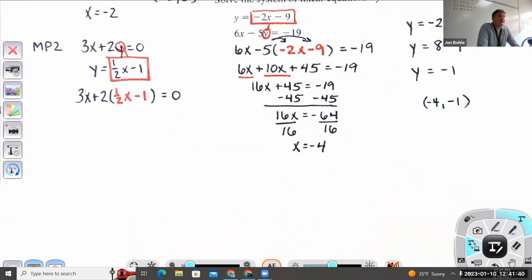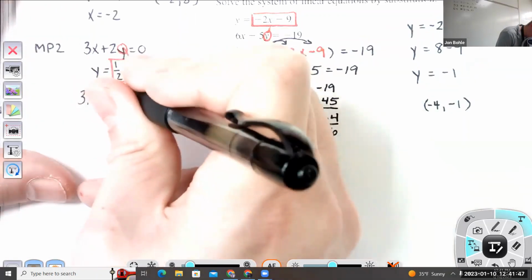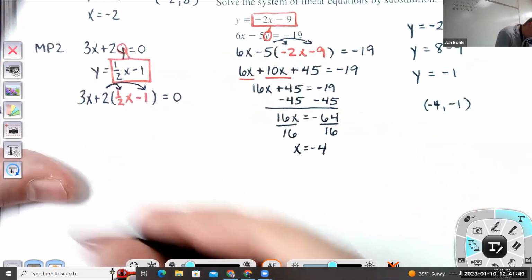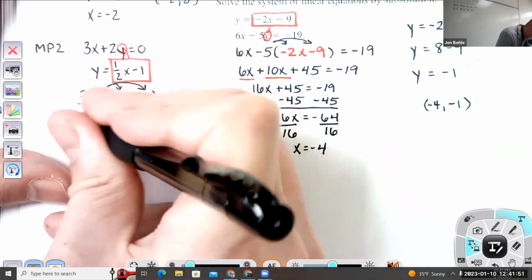I have a number next to parentheses. So what does that indicate for me? Distributing, which is multiplication. Okay, I'm not going to distribute this 3x, so I'm just going to bring it down.